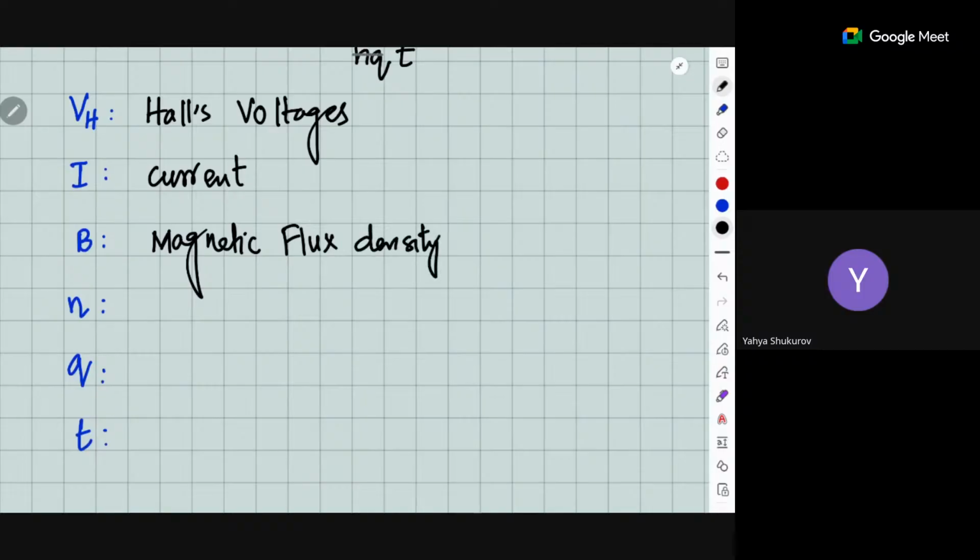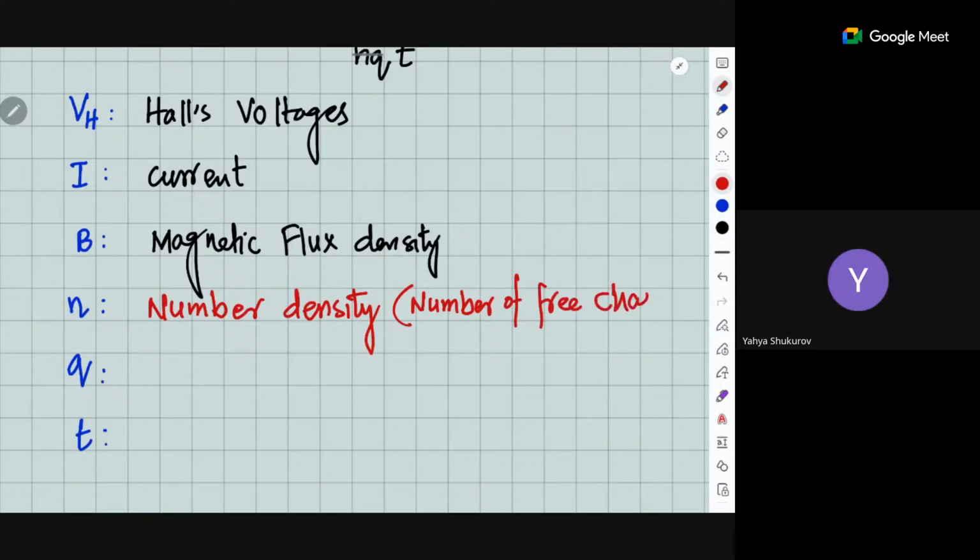N is the most important. N is the number density, and you will be asked about this. Number density means the number of free charge carriers per unit volume.